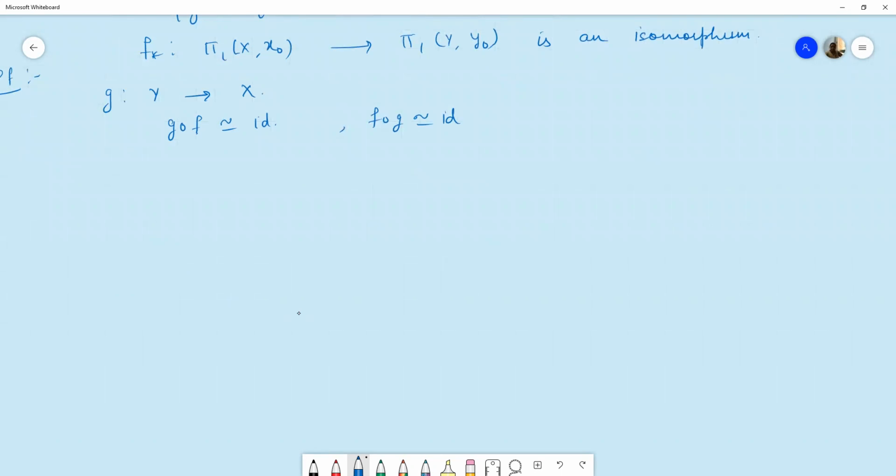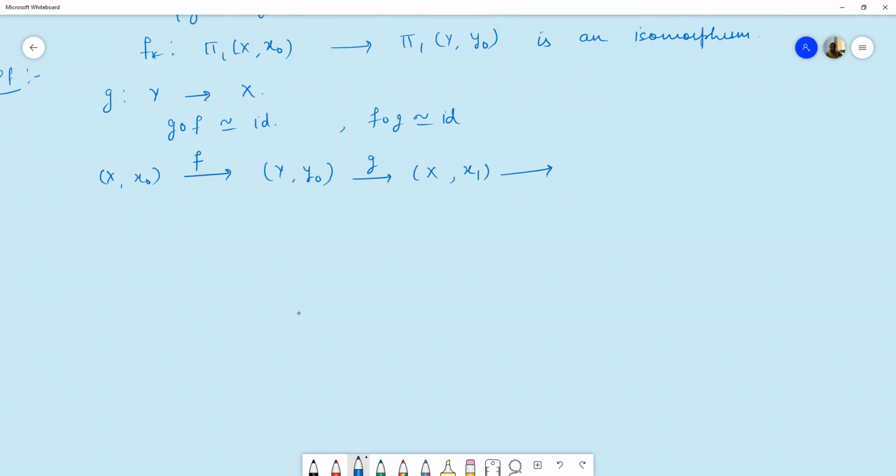Now we consider this map from (X, x0) to (Y, y0). This is our mapping F, because it is given that F maps point x0 to y0. Now we have a mapping G from space Y to X. Let us say this mapping G maps point y0 to point x1.